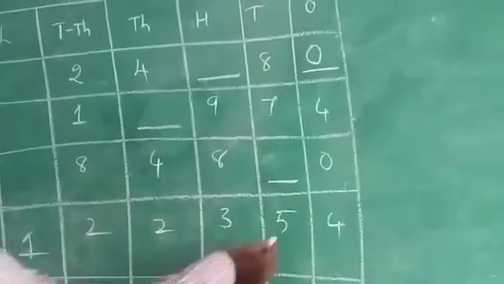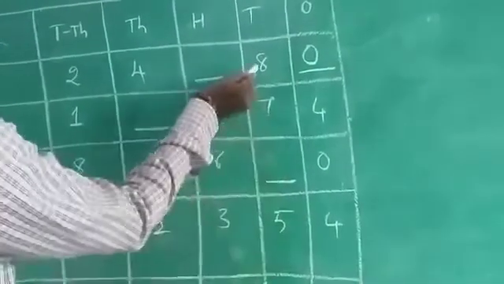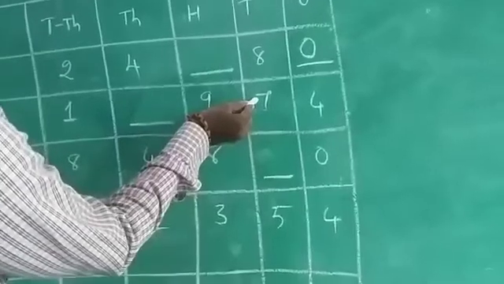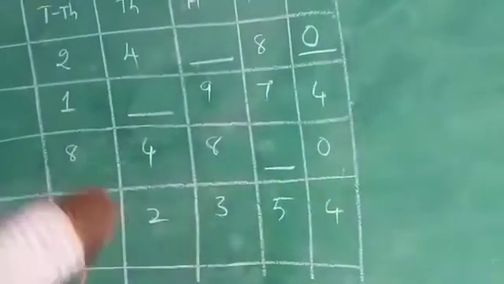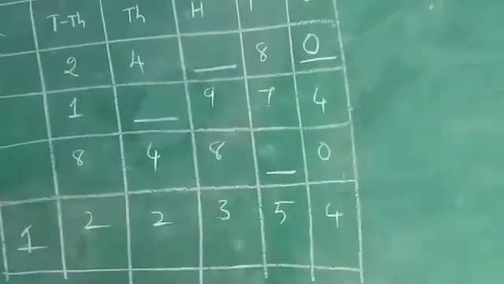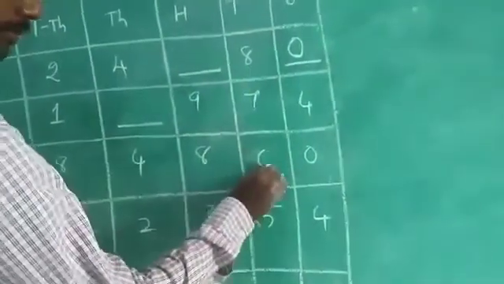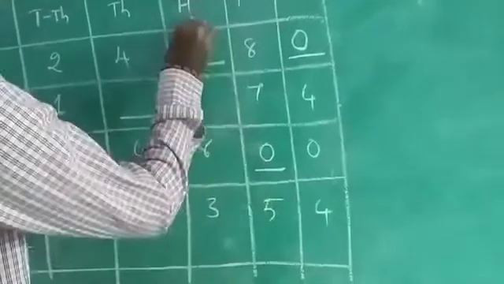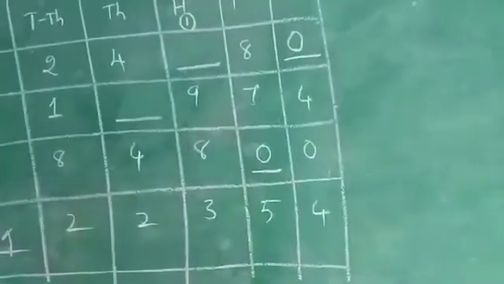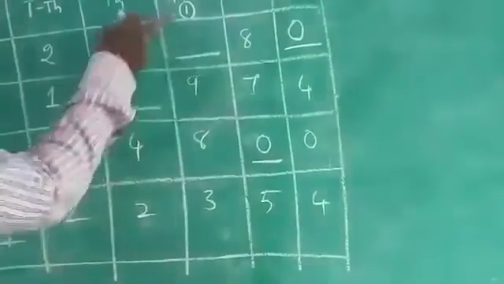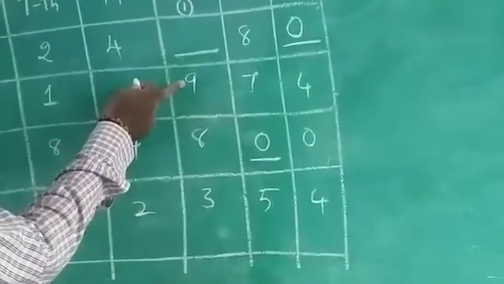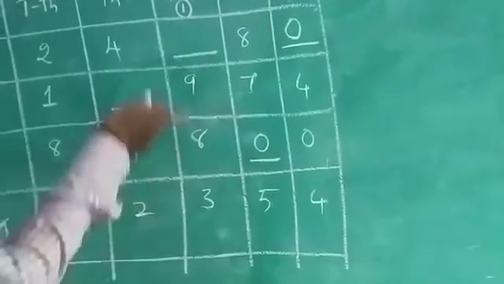Then observe it. You need to get the 5. Here 8 plus 7. So what will you get? 15. For 15, you need to add 0 only. Then it will become 5 and 1 will be the carry. Then observe it. Here 1 plus 9, 10. 10 plus 8, 18.